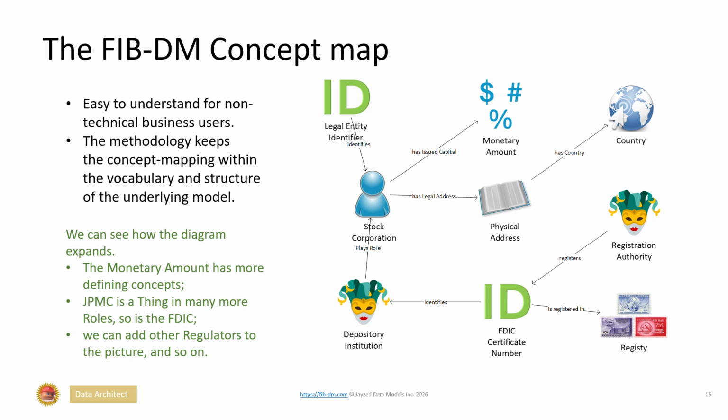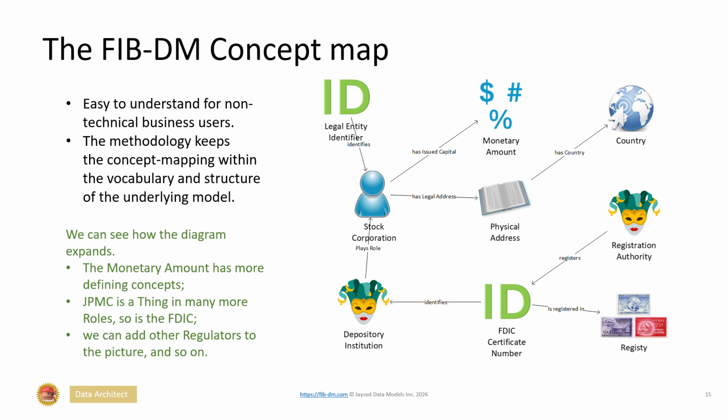Yeah, and here's our finished FIB-DM concept maps. And we see that all the sample values, we replace them with the entity names, and we replaced any labels on the arrows with standardized relations between concepts, in other words, with standardized associative entity names.